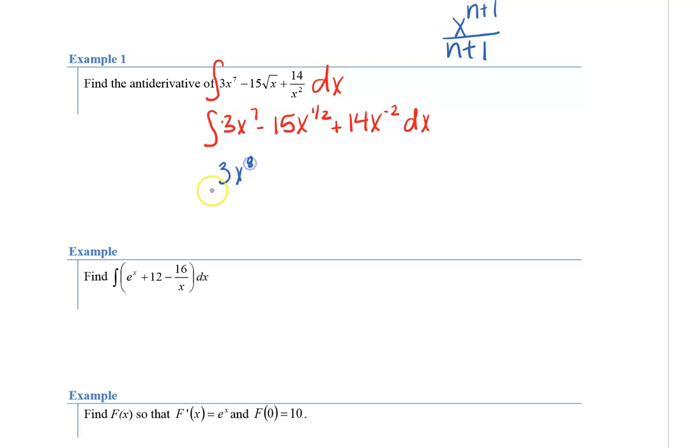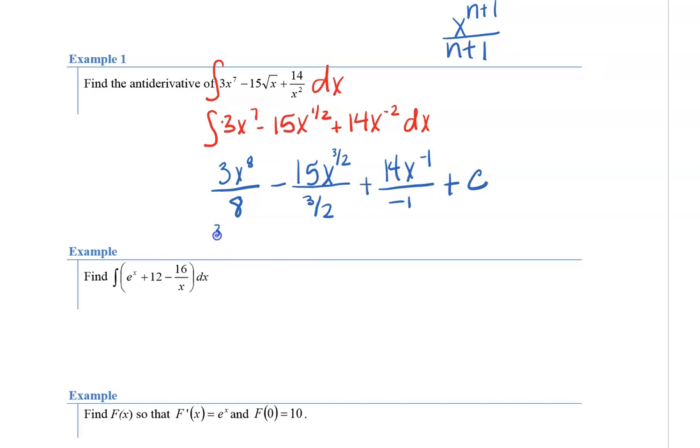I'm going to add 1 to the exponent and divide by the new exponent to give me x to the 8th over 8. Minus 15x to, be careful with your fractions and negatives, 1/2 plus 1 is 3/2 divided by 3/2, and we'll address that in just a minute, plus 14x to the negative 1 divided by negative 1 plus c.